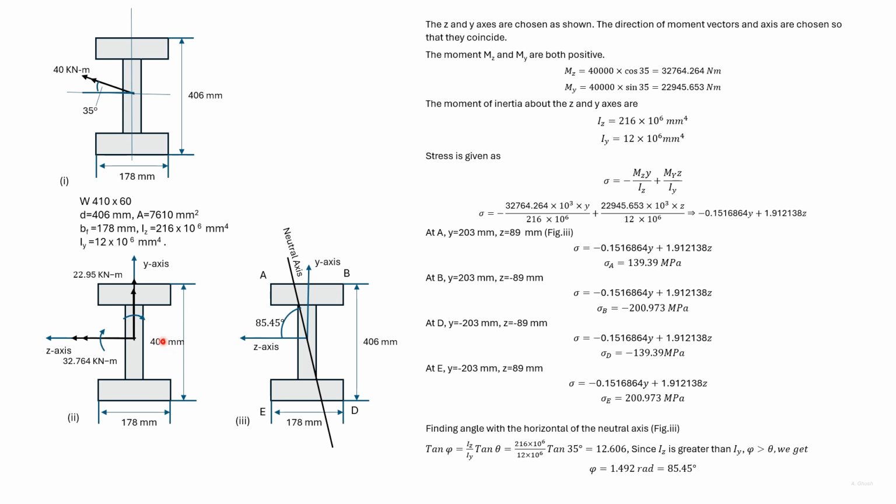The positive directions of the y and the z axis are chosen so that the resolution of the moment vector in the two directions is aligned with the positive values. Also, y and z are chosen so that sigma can be given by this equation.